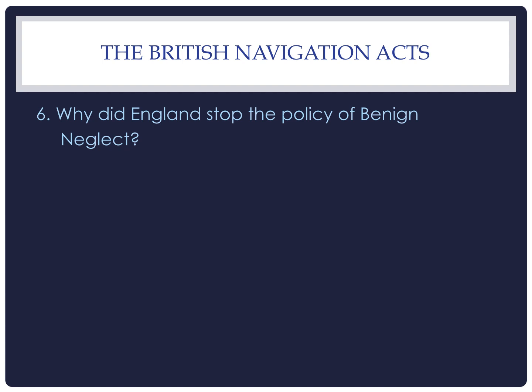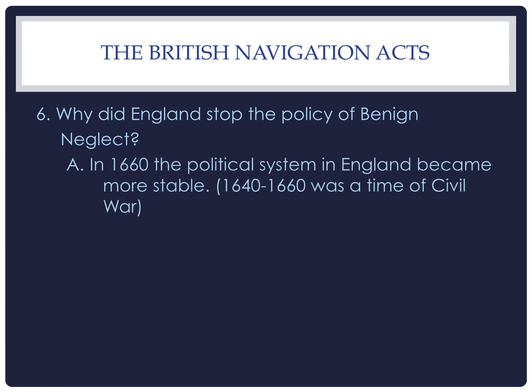So why did England stop doing that with these Navigation Acts? Why did they start putting rules in place that weren't there before? Well, for one, starting in 1660, England became more stable. The government had just gone through about a 20-year civil war.